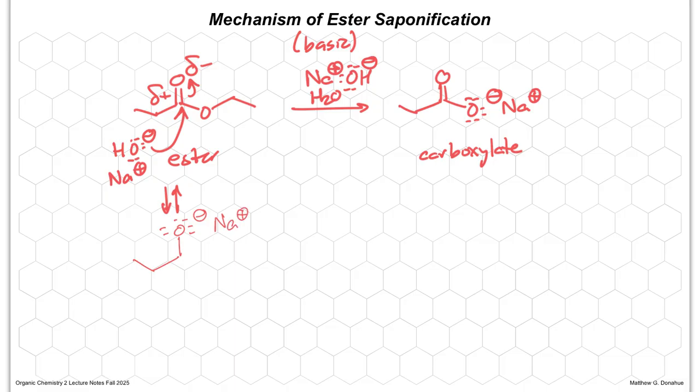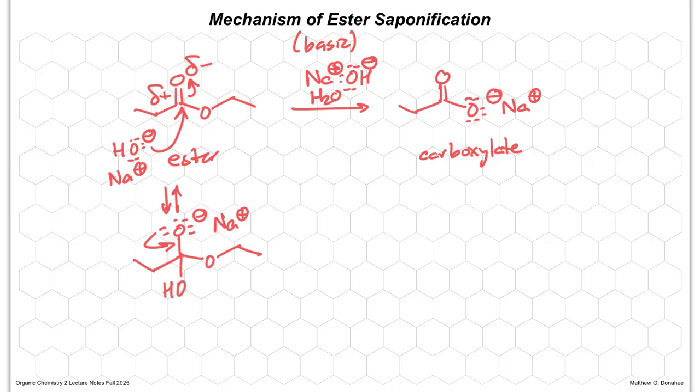We balance our formal charges. So what you see now is oxygen's negative. It's not going to be positive under these conditions. So our tetrahedral intermediate can collapse, reforming the pi bond.